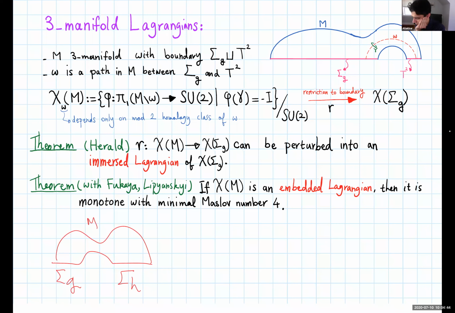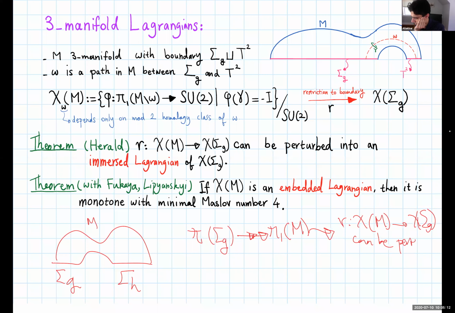You have a map from pi1 of any of the boundary components, let's say sigma g, into pi1 of M. If this map is surjective, then this implies that you can perturb this into an embedded Lagrangian.